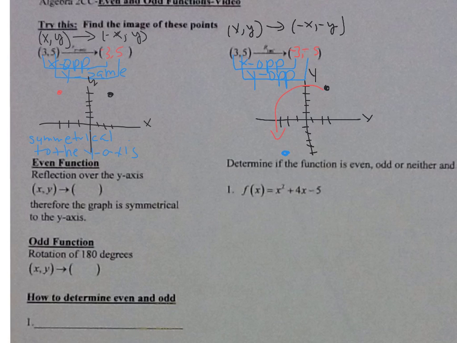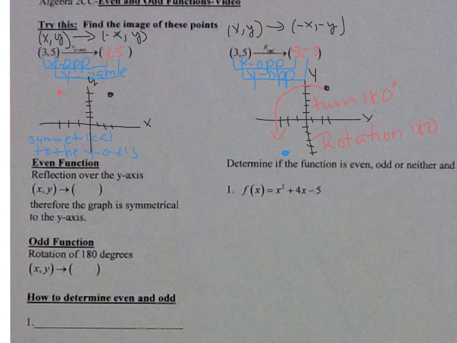It's a turn of 180 degrees. So if I took my paper and I turned it upside down, where my point starts, when I turn my paper upside down, this blue point is in the same place. It'll be now in quadrant 1, okay, at (3, 5).